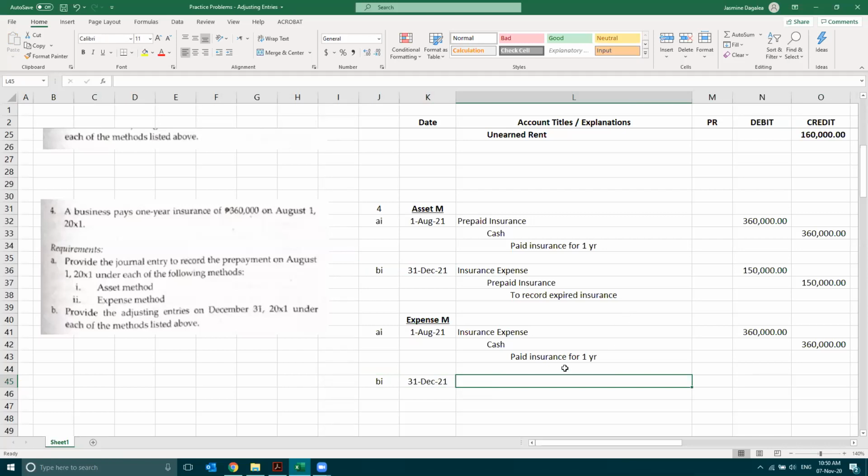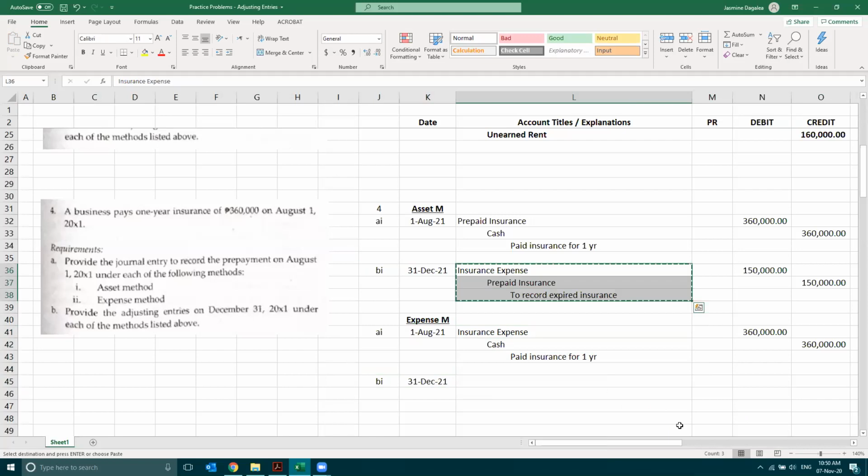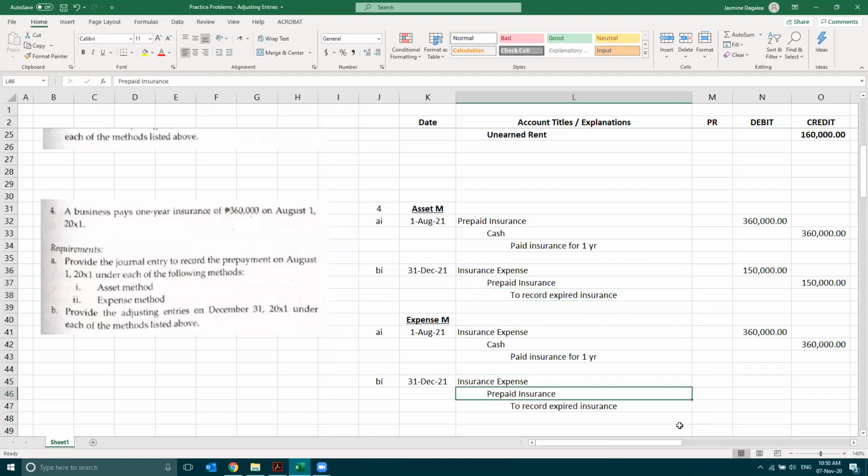Debit prepaid insurance. Student: So in the expense method, ma'am, only the remaining portion is counted? Yes. So you record it as an asset, and then credit insurance expense.